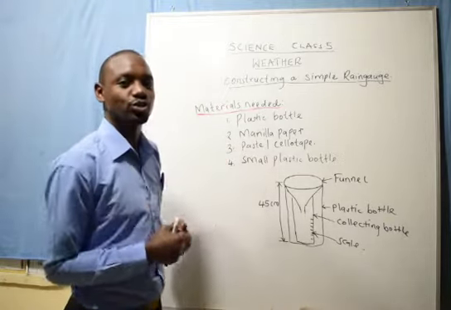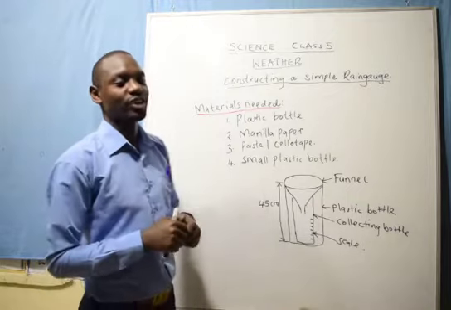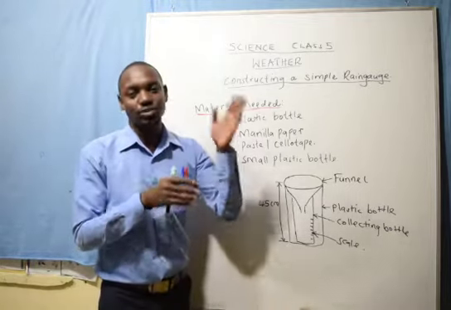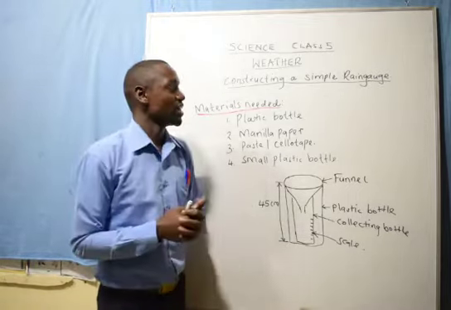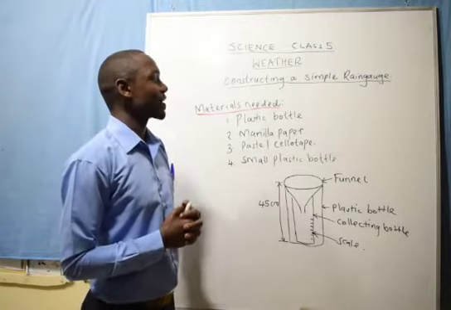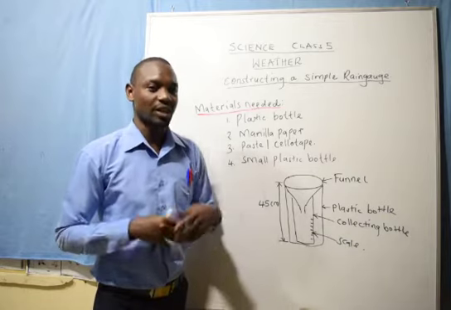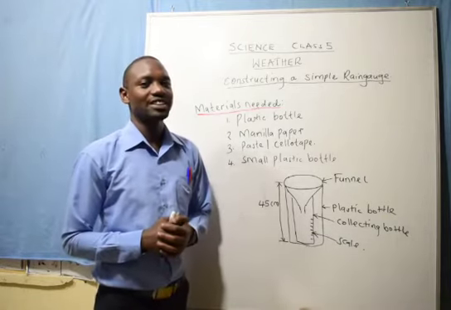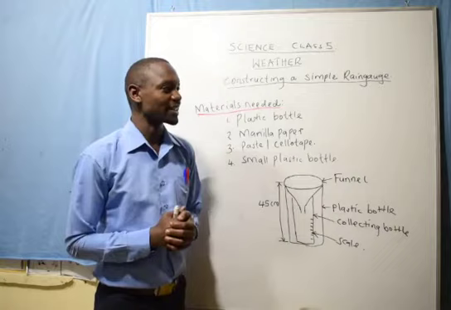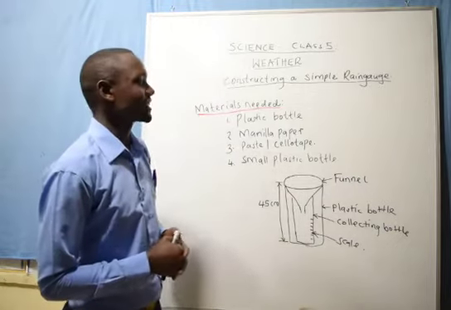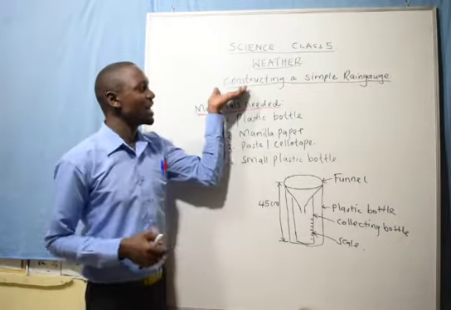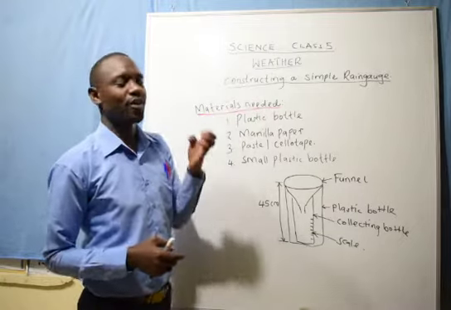It shows how strong wind is blowing, and it also shows that the wind is blowing either to this direction or to that direction. We also said that we have the thermometer which measures temperature. And what is temperature? Temperature, we said, is the hotness or coldness of a place, which is measured in degrees Celsius. Today, I want us to construct a simple rain gauge.